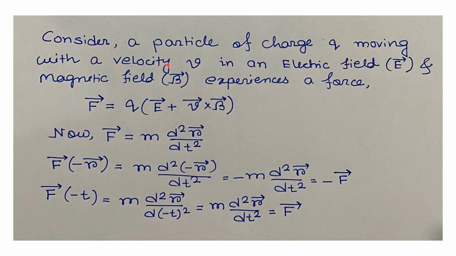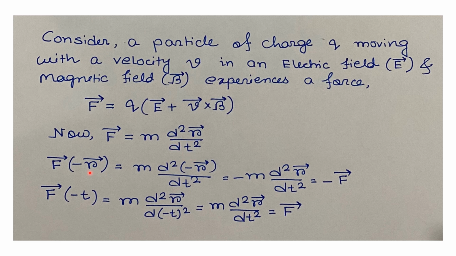Now consider a particle of charge q moving with a velocity v in an electric field E vector and magnetic field B vector. It experiences a Lorentz force that is given by this expression, force F vector equals q times the electric field vector E plus v cross B. Now force can be written as mass of the particle times acceleration, and acceleration is d2r/dt2.